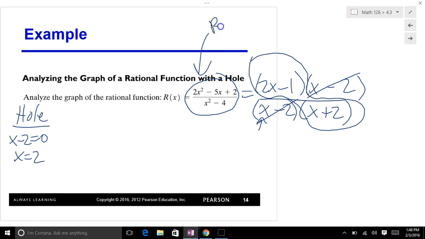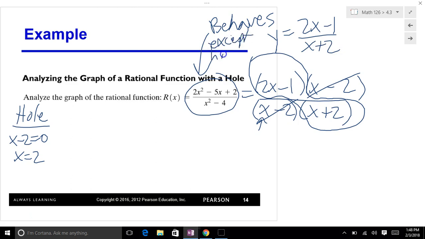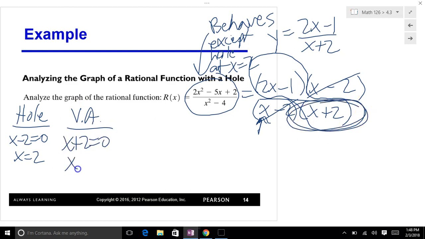But this function behaves exactly like the simplified version, except the original has a hole in it, at x equals 2. But they look exactly the same, okay? They both have a vertical asymptote because of that right there at -2. So x equals -2.